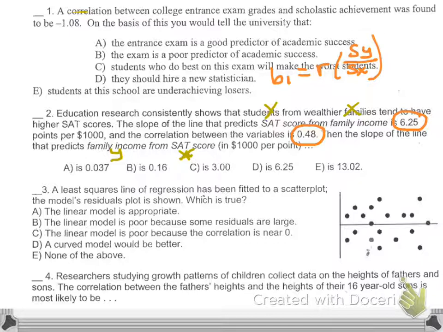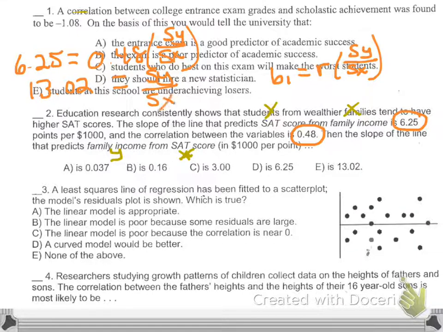And so we know my slope, 6.25, is equal to my R, 0.48, times my standard deviation of Y divided by my standard deviation of X. Okay, so I'm going to divide both sides by 0.48, and I get 13.02 is equal to the standard deviation of Y divided by the standard deviation of X. Okay, so that's the original setup.